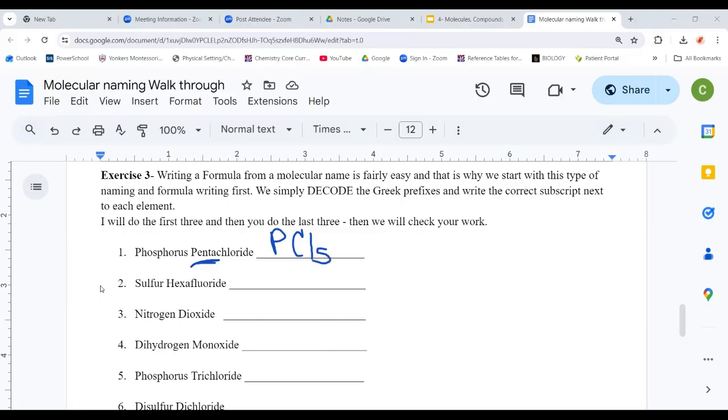So this is PCl5. Okay, sulfur hexafluoride, SF6, nitrogen dioxide, 2 oxygen, dihydrogen, 2 hydrogen, monoxide, 1 oxygen. Phosphorus, just 1. Trichloride, Cl3.